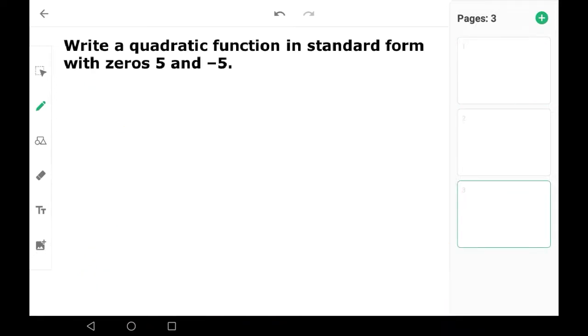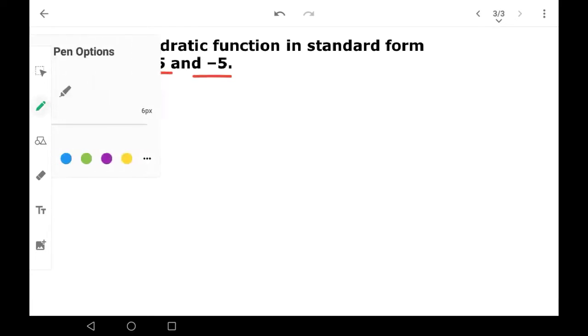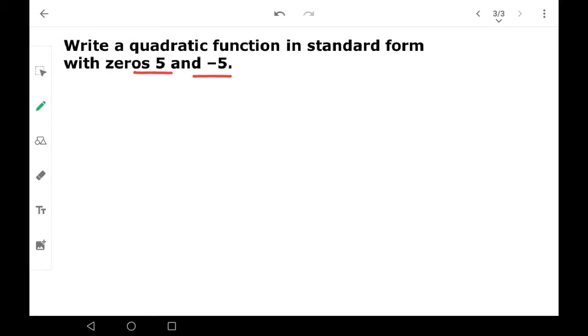As you can read here, write a quadratic function in standard form with zeros 5 and -5. So the solutions for this function are 5 and -5. So the two values of x here are x = 5, and the other is x = -5, because that's what the exercise is saying, right?